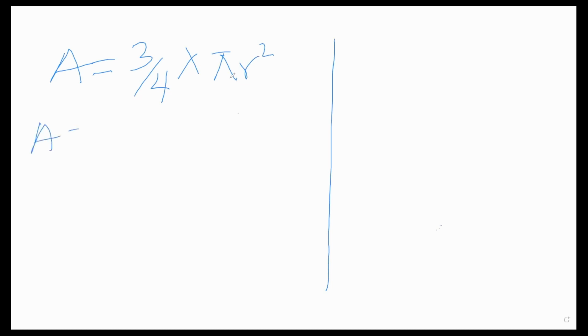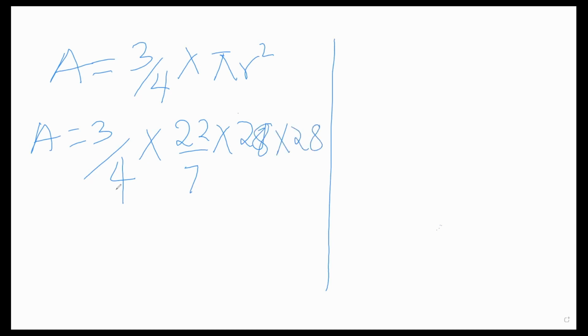So that means our area will be 3/4 multiplied by, we know that our pi is 22/7, multiplied by r. Our r is 28, so we have 28 multiplied by 28. So let's cancel out 7: 7 in 28 is 4. Also, 4 can cancel 4.